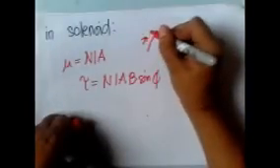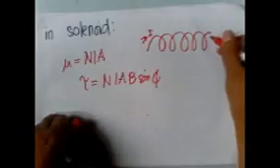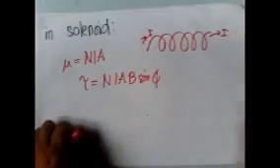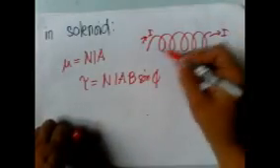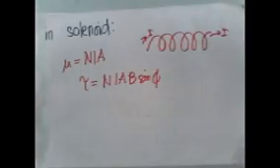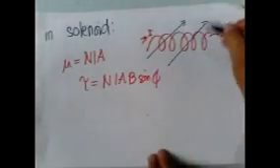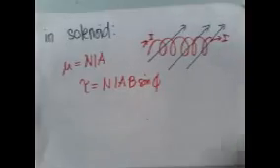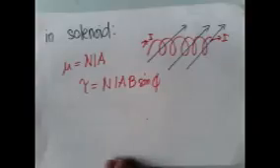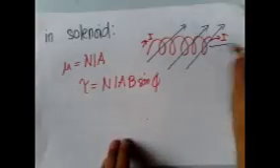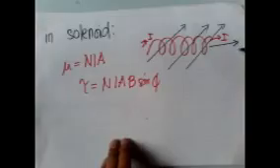We have a solenoid here, and this is the direction of our current. Now, if we put the solenoid in a uniform magnetic field, phi is the angle between the axis of the solenoid and the direction of the field. So this is the axis of the solenoid, which is mu.